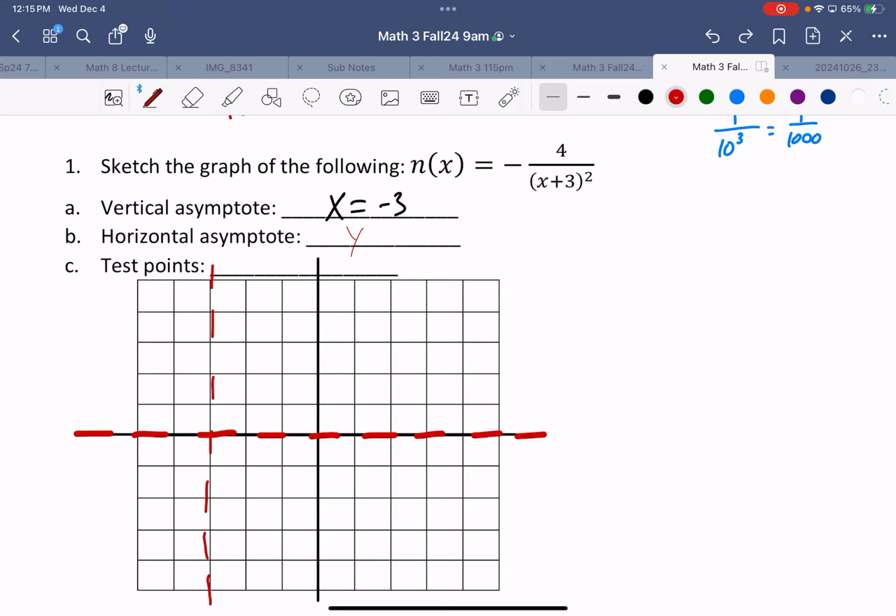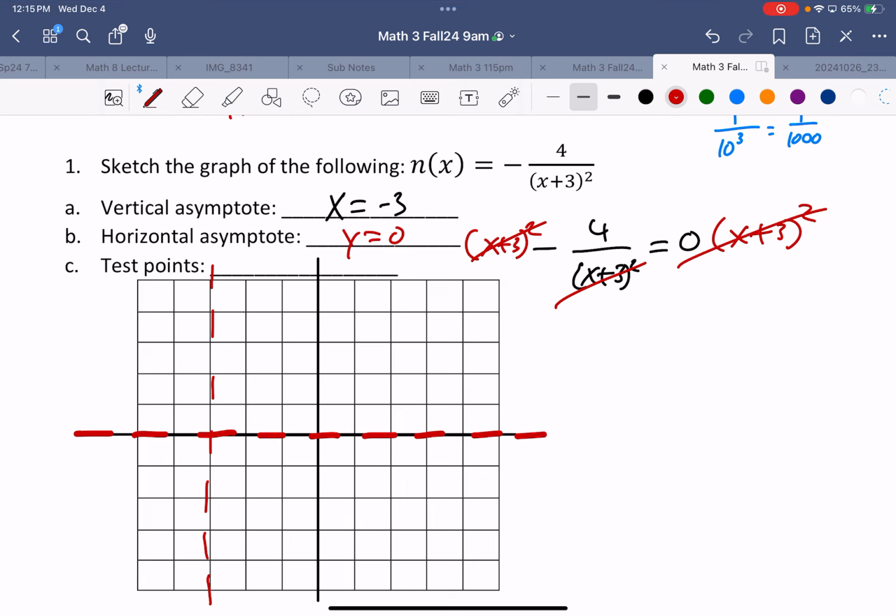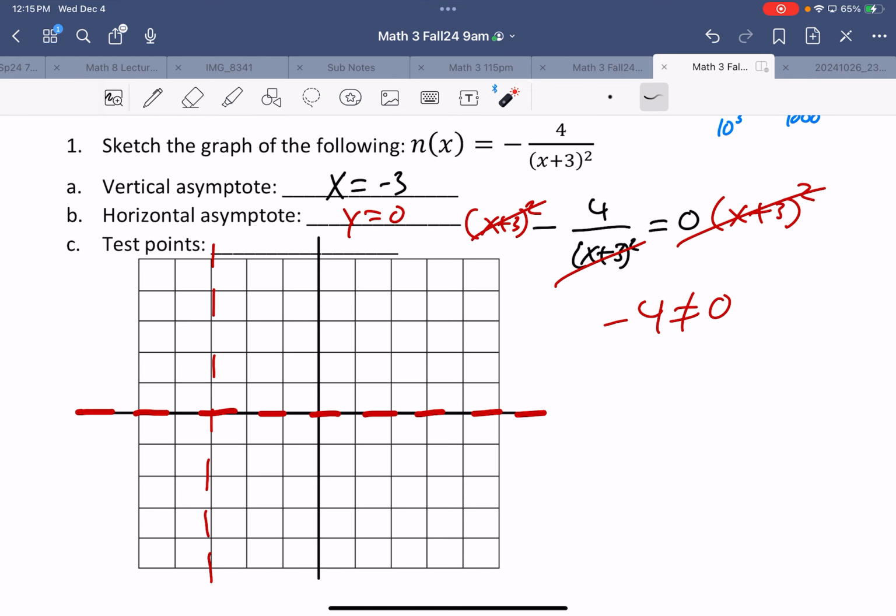Now for the test points, I have to choose numbers. Well, one, I have to check if I actually intersect this graph, which we did on the previous example, where we set it equal to our horizontal asymptote, and when I multiply this to both sides, they simplify. That becomes 0, and 4 is not equal to 0, meaning I will not cross this horizontal asymptote.